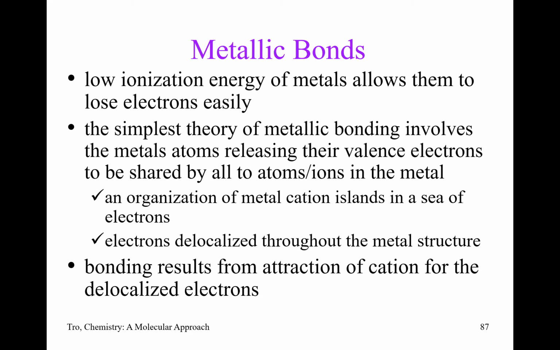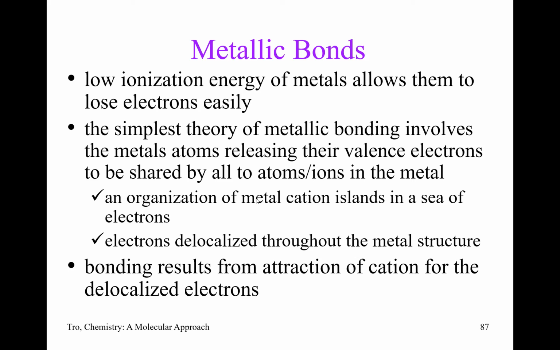So basically, the idea of metallic bonding is that the metal atoms are letting go of those valence electrons, and they're shared by every atom in the entire piece, which, remember Avogadro's number, 6.022 times 10 to the 23rd, is an enormous number of atoms.